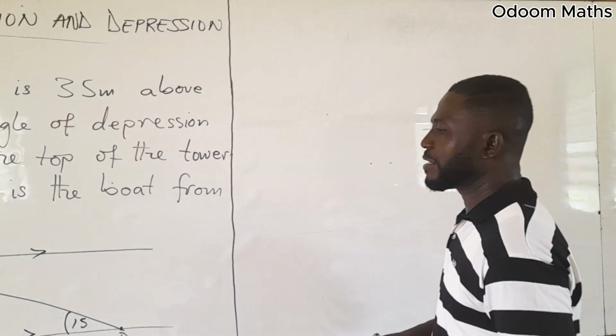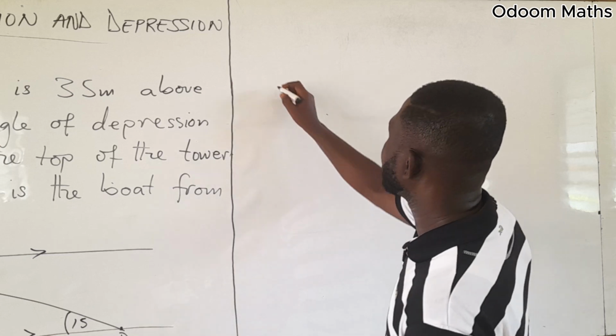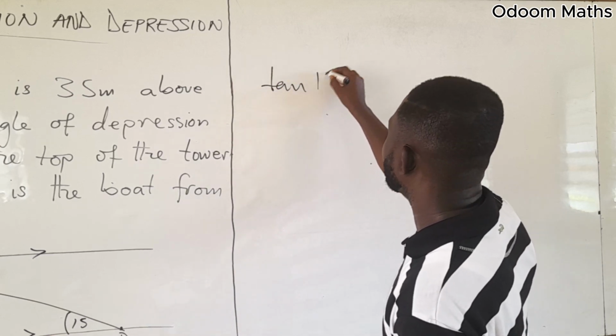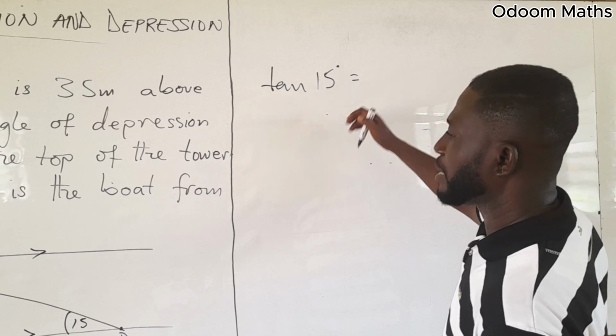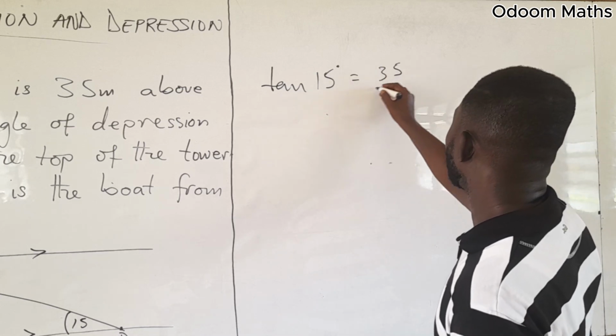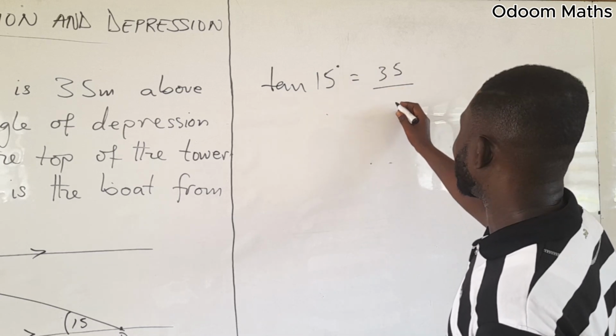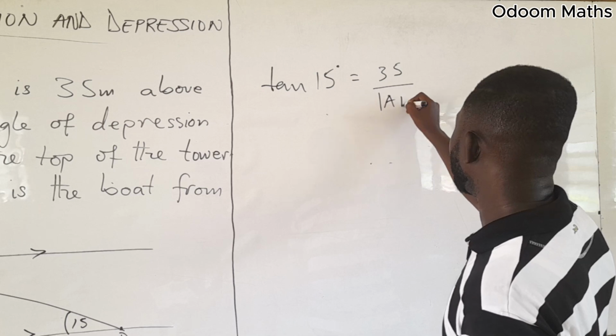Then we have tan 15 is equal to opposite, which is 35, over adjacent, which is the distance AB.